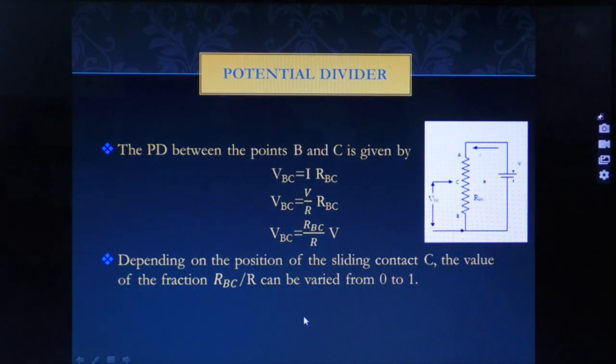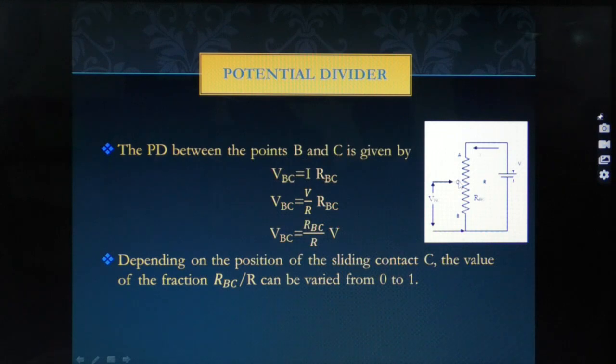For this, let me consider here the circuit diagram. In the circuit diagram, this is a battery which is providing a constant potential difference V to the circuit. And this is the direction where the current I is flowing through the circuit, and AB is giving you the length of the conducting wire, and instead of considering the whole length AB, let us now consider the BC portion of the length AB of the wire.